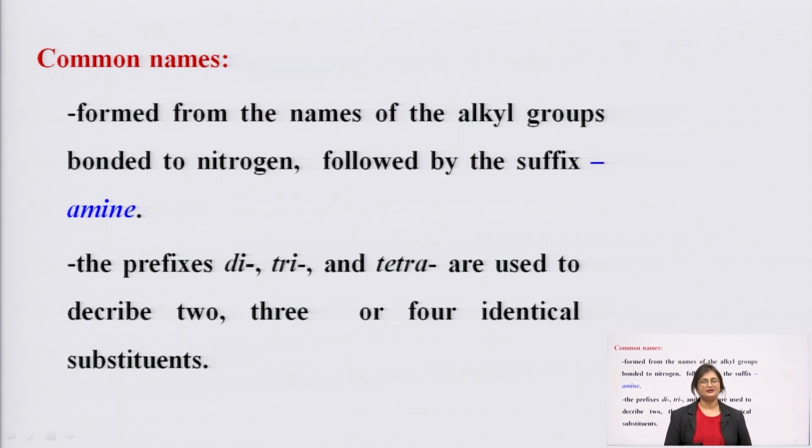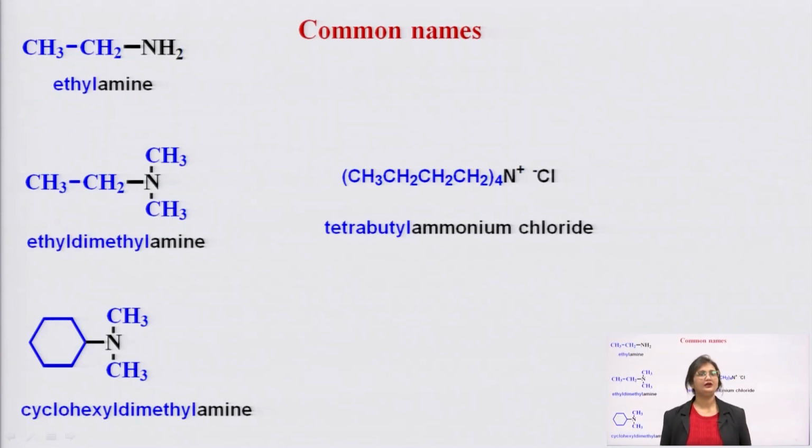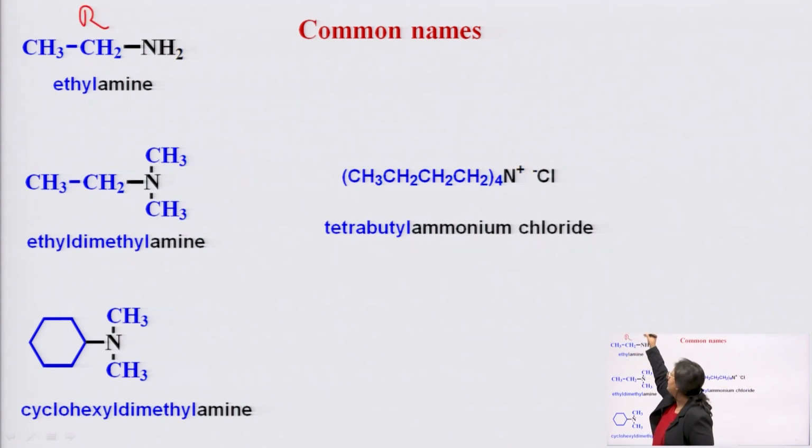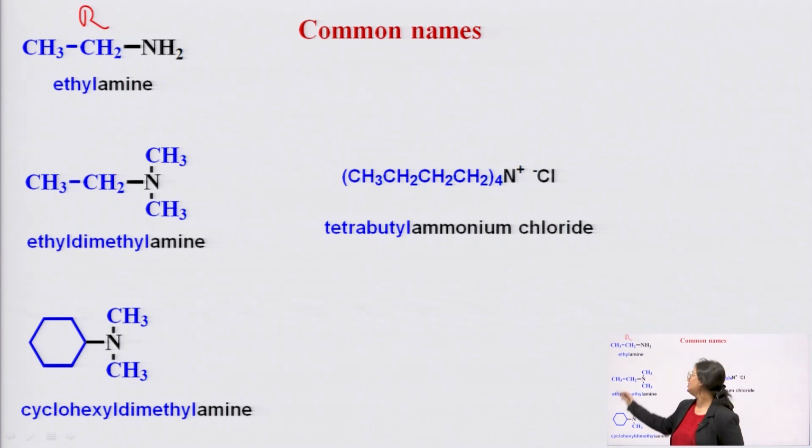The prefixes di, tri and tetra are used to describe 2, 3 or 4 identical substituents. Here we have the common names, where the R group denotes the prefix or main name, which is ethyl, followed by amine.